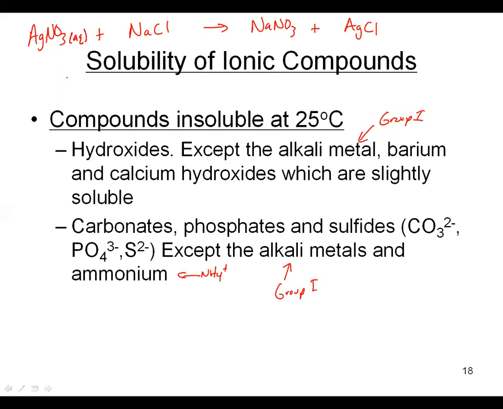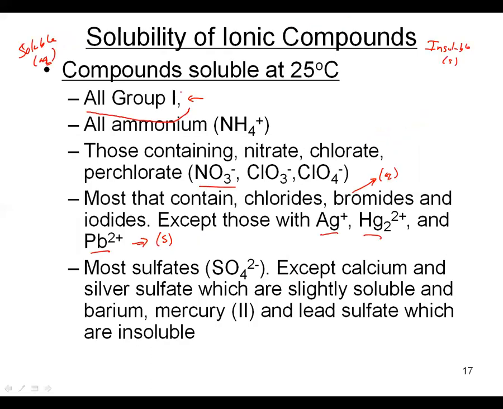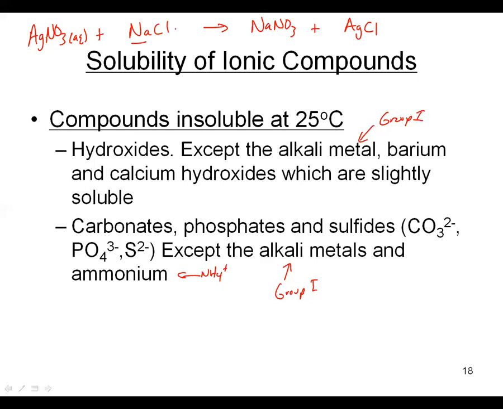When we come over here and look at sodium chloride, sodium is group 1, and if we go back to the last slide, everybody in group 1 is going to be soluble. There's no exception at all, which means as soon as we see that sodium, we automatically know that this also should be soluble and get the aqueous symbol.